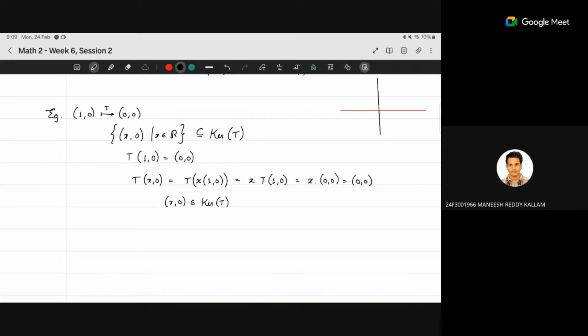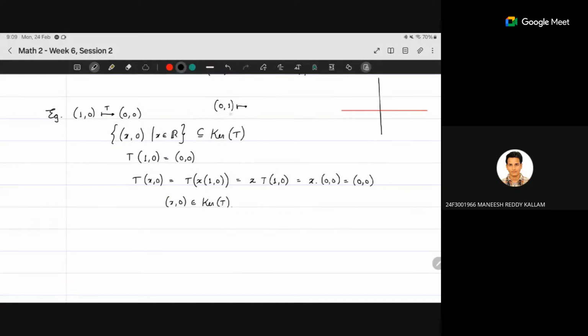If (0, 1) goes to anything non-zero, then the kernel of T will be equal to the x-axis. It won't be a subset, it will be the set, right? Yeah, it will be equality.